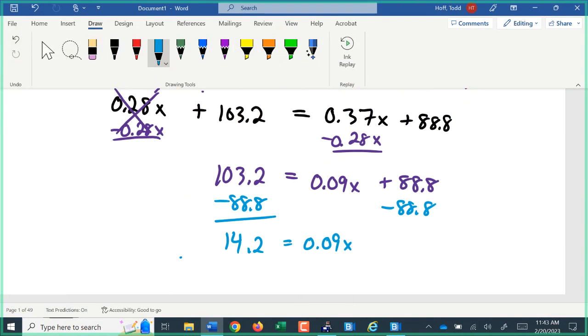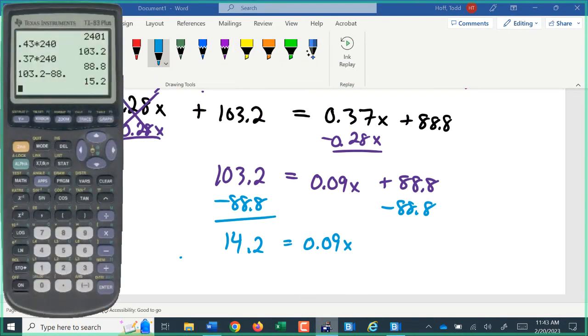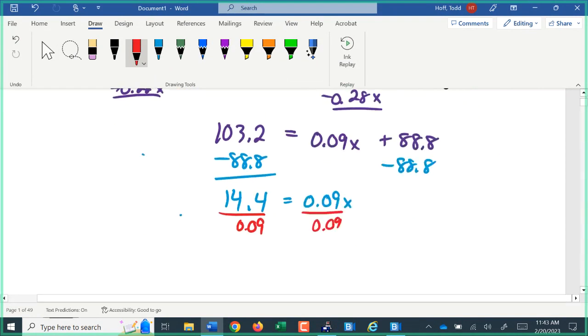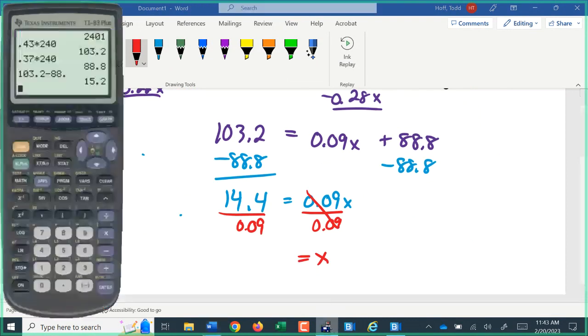Is that correct? Nope, it's not. 14.4 is what it should be. Math, right? Then we have to divide by the 0.09. That's gone. We have x equals 14.4 divided by 0.09 is 160.